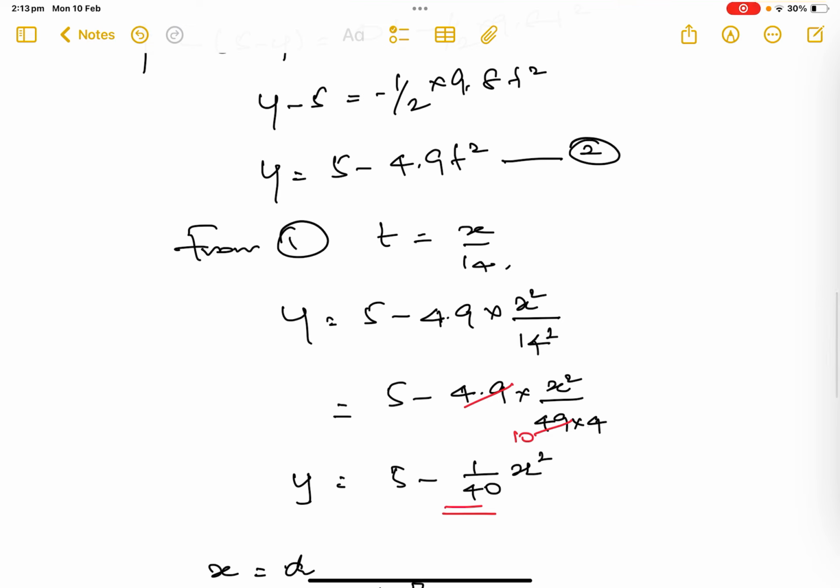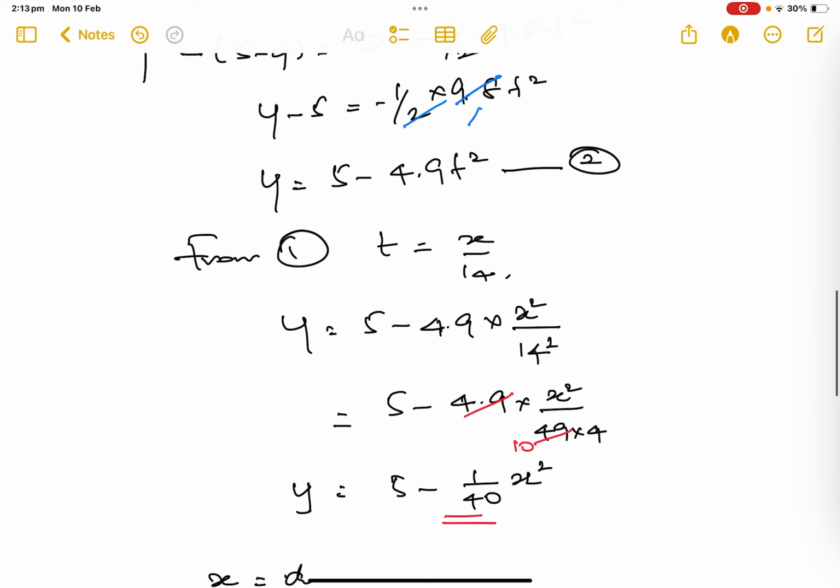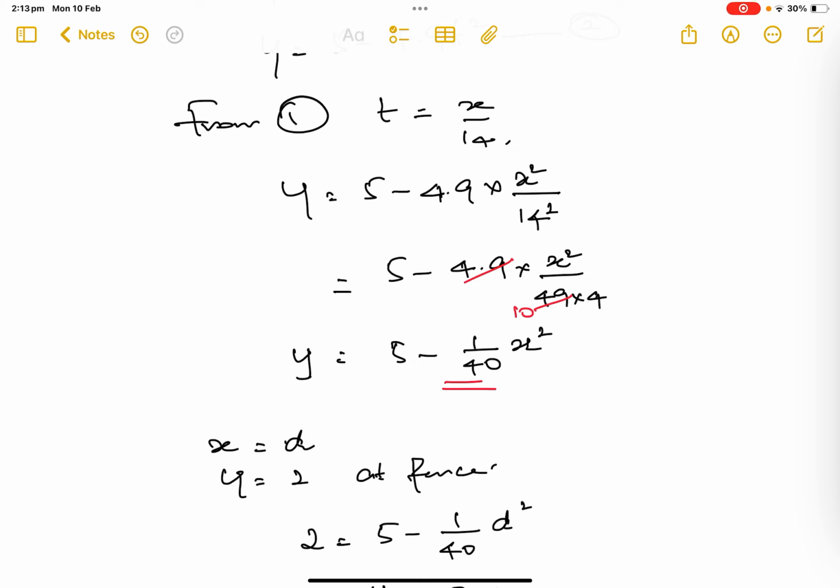We can write 14 squared as 7 squared times 2 squared. 7 squared is 49, 2 squared is 4. 4.9 is 49 divided by 10, so we get y equals 5 minus 1 over 40 x squared.